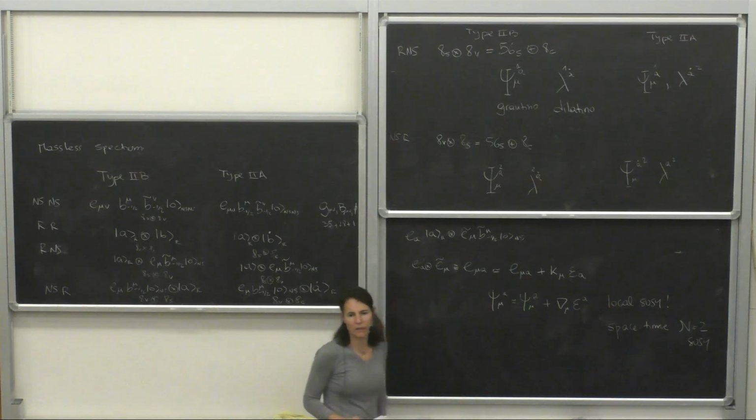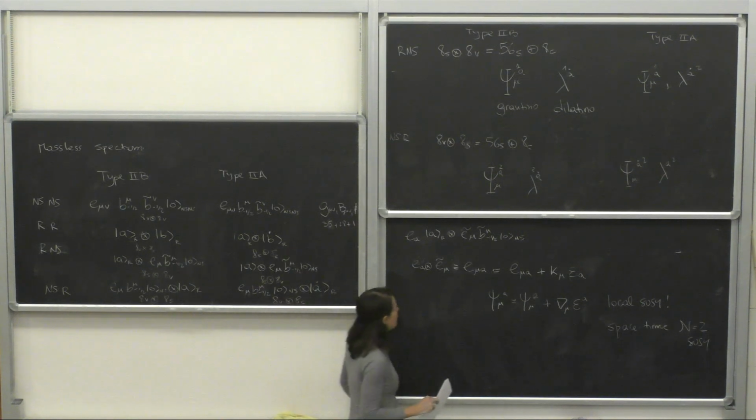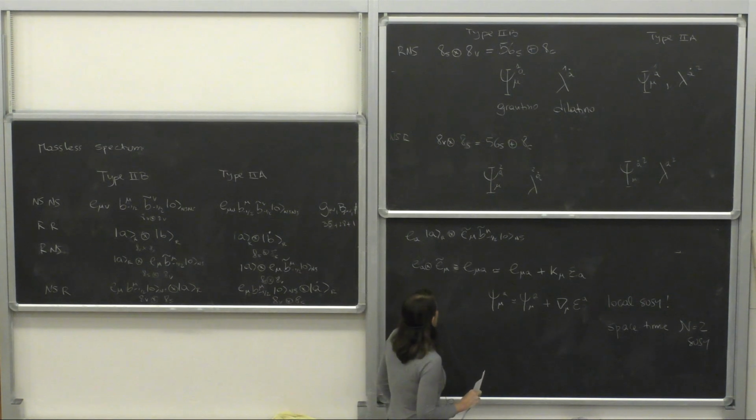Yes. What would be so EA plus E tilde was supposed to be broken into the gravitino and the dilatino. Mm-hmm. But you remove the gravitino. Yeah, good. Because this thing is traceless.